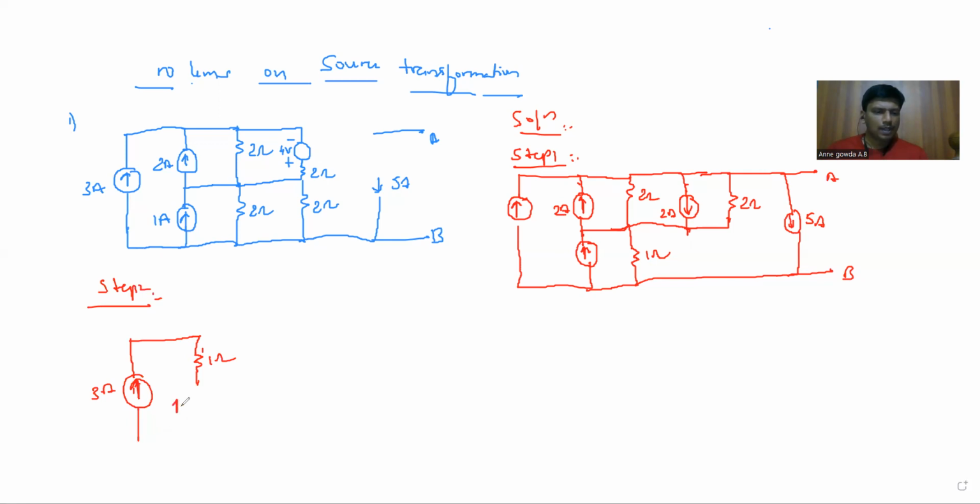And then this current source of 1 amp is in parallel with this 1 ohm. And this 5 amps across terminals A and B.